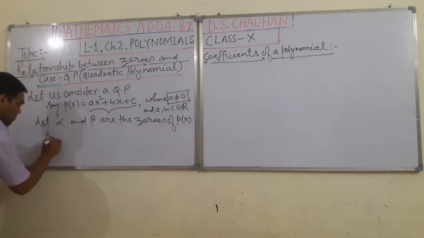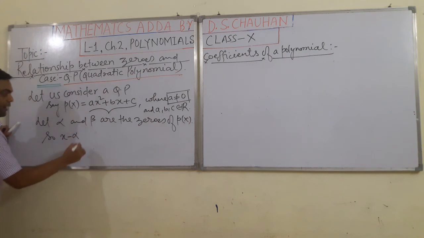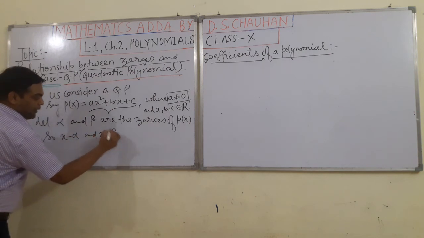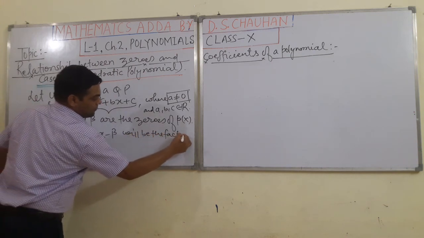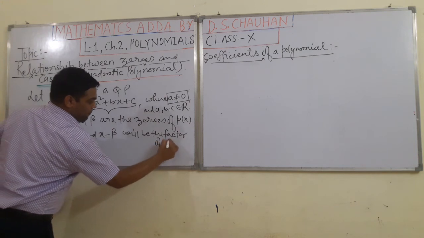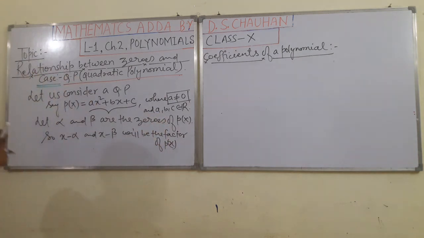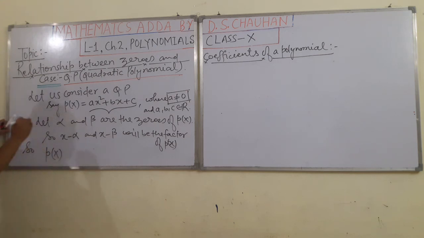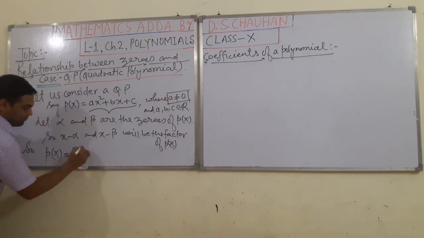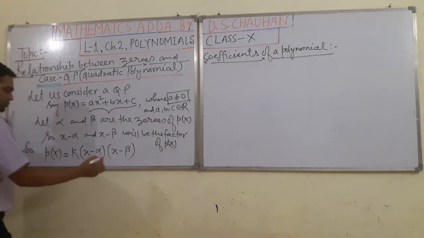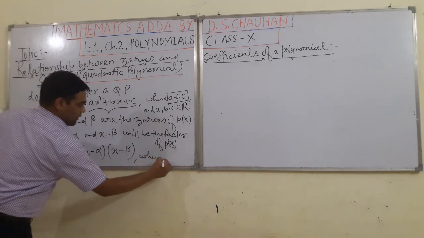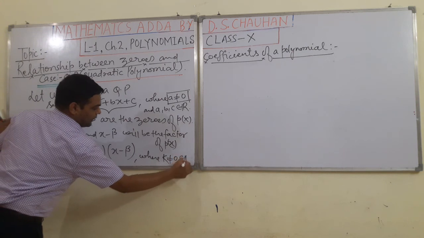So x minus alpha and x minus beta will be the factors of P(x). Okay students, so what can we note down here? We can note down P(x) as k times (x minus alpha) into (x minus beta), where k is a non-zero real number.